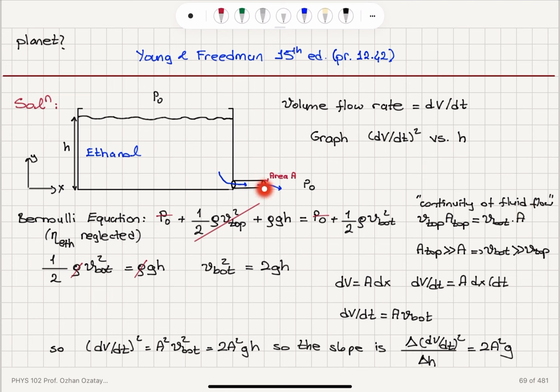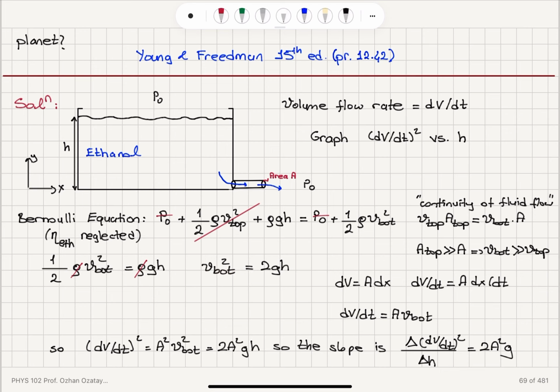The speed of the flow is much larger in the horizontal pipe, so we can neglect the speed of the top. So this is neglected, P0s cancel, and we find that V bottom squared is 2gh.